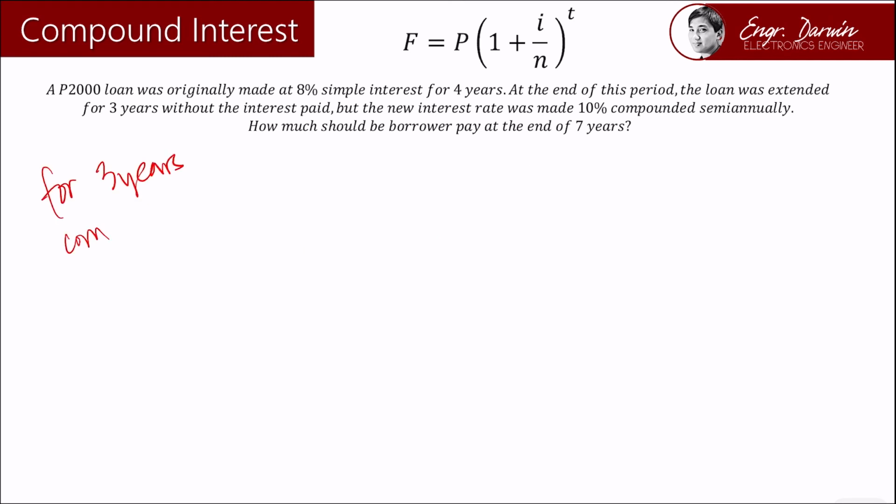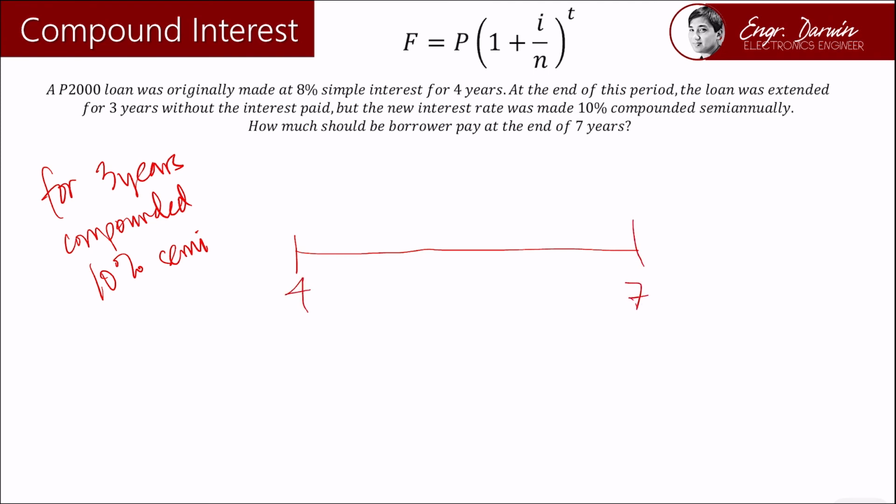This is compounded by how much? That is 10% semi-annually. So for the next part of your cash flow diagram, your principal amount is the one we got earlier, which is 2,640 pesos.